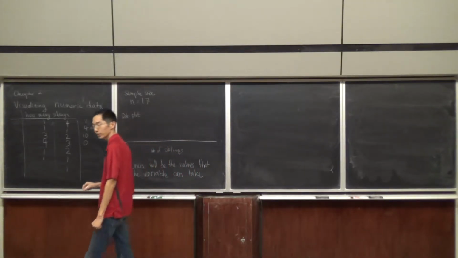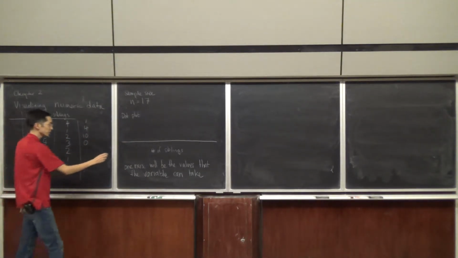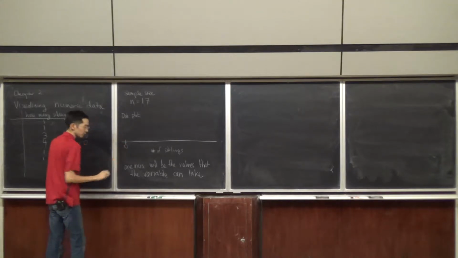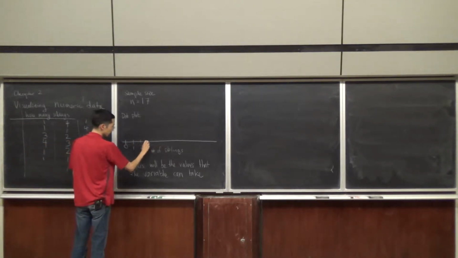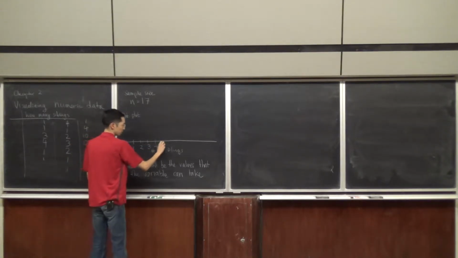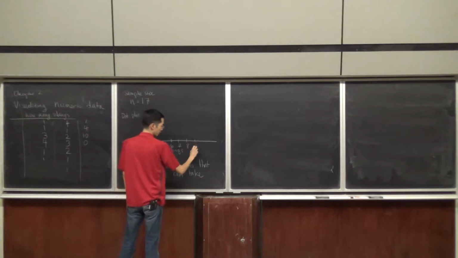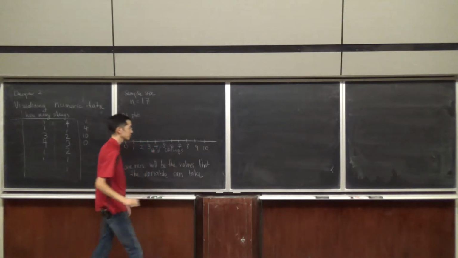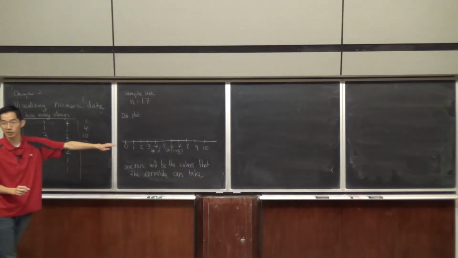And what kind of values can this variable take on? Well, the smallest number will be 0. Then we have 1, 2, and so on. So the number of siblings will form our horizontal axis.